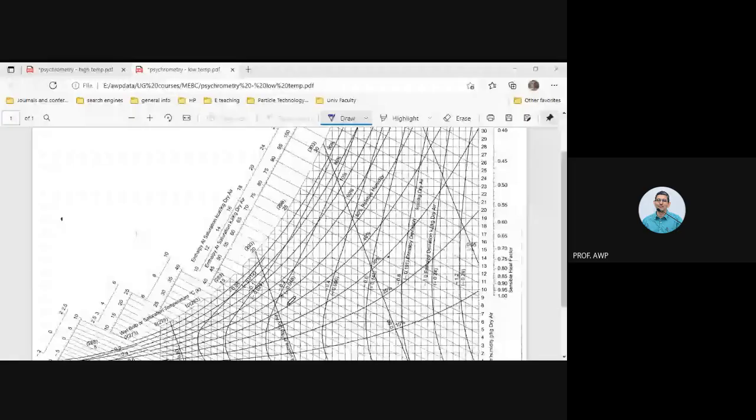So this is the low temperature chart. First problem is wet bulb temperature of 20 degrees centigrade and 50% RH.